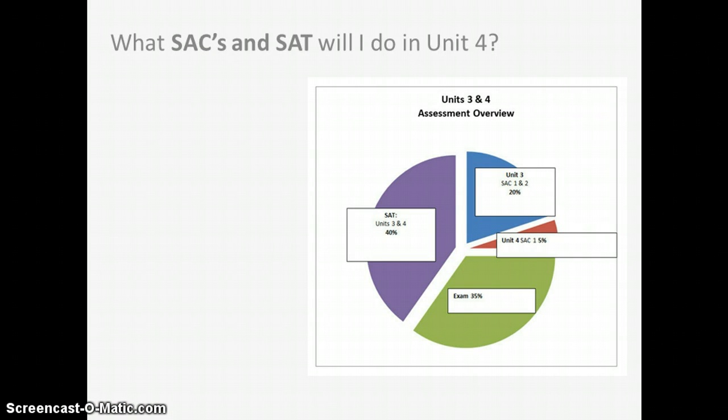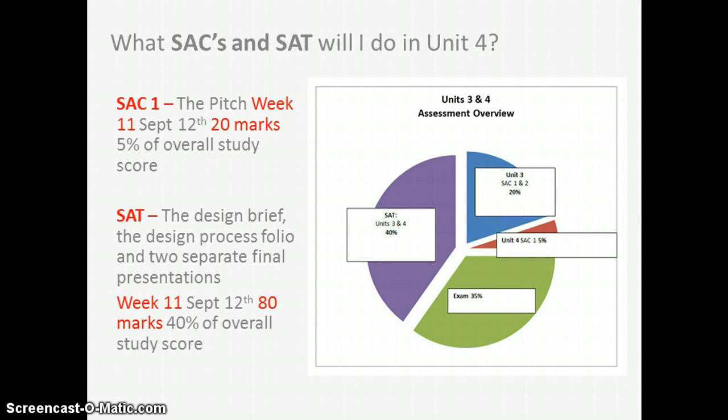So let's look at the SACs and the SAT in a bit more detail and see how it fits into the overall study. You'll see the big purple wedge there in that diagram. That's your SAT, and you begin it in Unit 3 and you complete it in Unit 4, and it's worth 40% of your overall study score. You can see the little red-shaped wedge there, which is SAC 1, which is worth 5%.